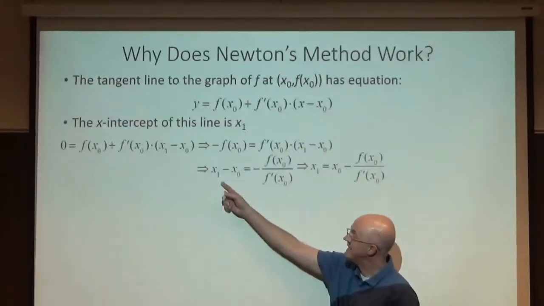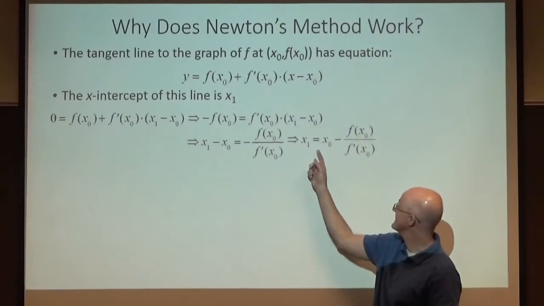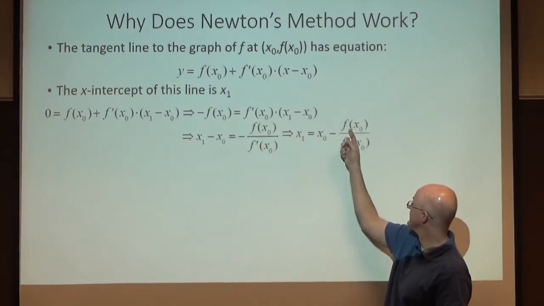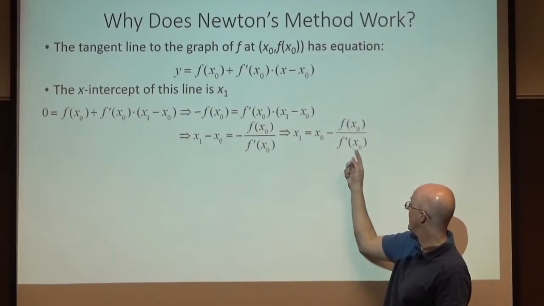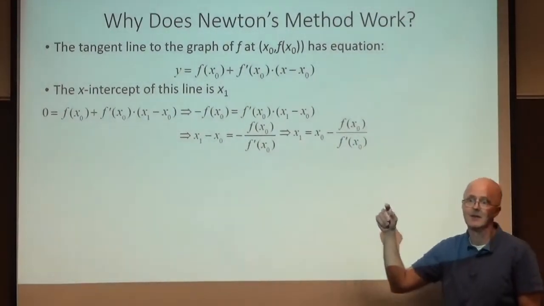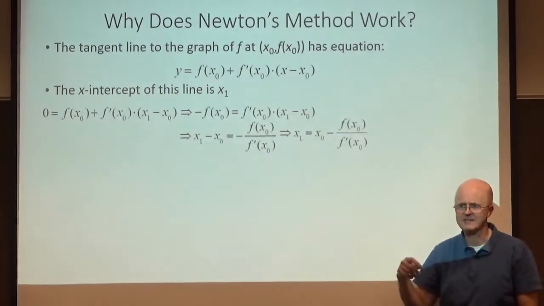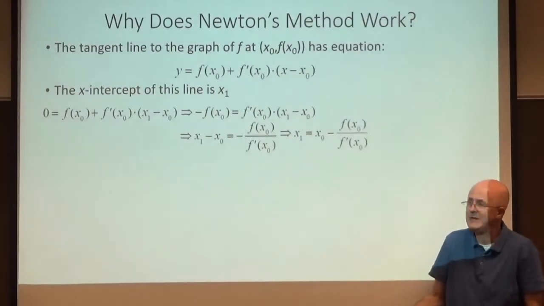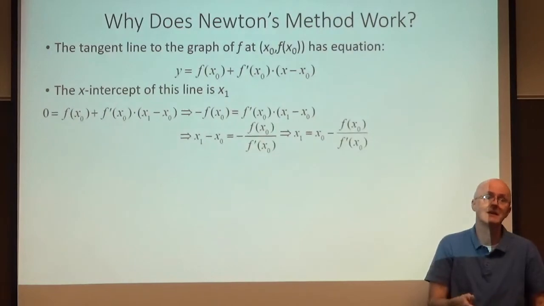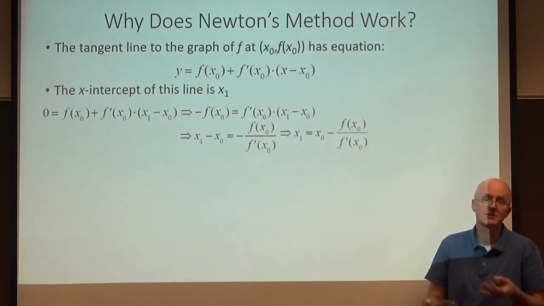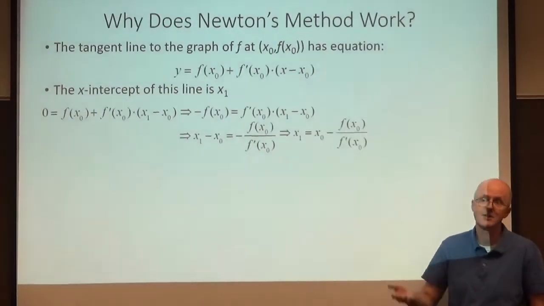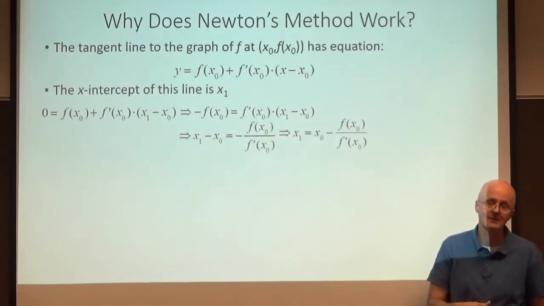This is like your xn, this is like your xn here. This is xn minus 1 minus f of xn minus 1 divided by f prime of xn minus 1. You might wonder, does it work the same way if I find x2? Yeah, it would be the exact same method, giving you the exact same formula, just with different symbols. You'd be solving for x2 in terms of x1. But it's the same method.